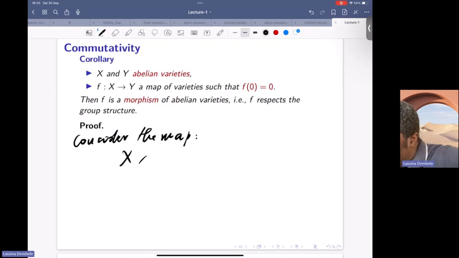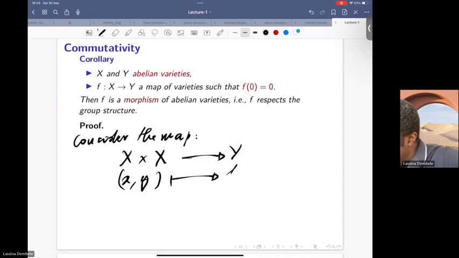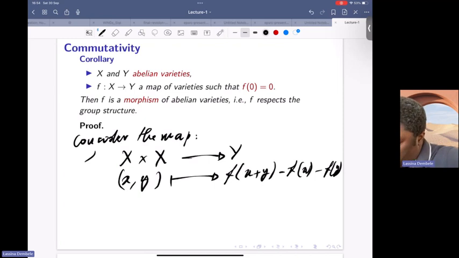The map goes from X cross X to Y, and you take (x, y) and you map it to f(x+y) minus f(x) minus f(y).